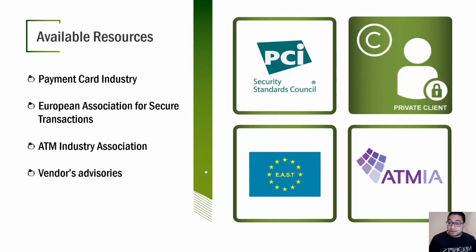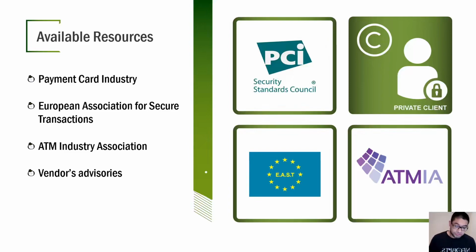So, some of the available documentation and resources out there are, for example, the PCI industry, but the Payment Card Industry only has one document that talks about ATMs, and this document only covers the PIN pad and the encryption that the PIN pad must have in the ATMs. We have some associations, for example, the European Association for Secure Transactions and the ATM Industry Association, which have a lot of information on ATMs, and not only security, but in general.